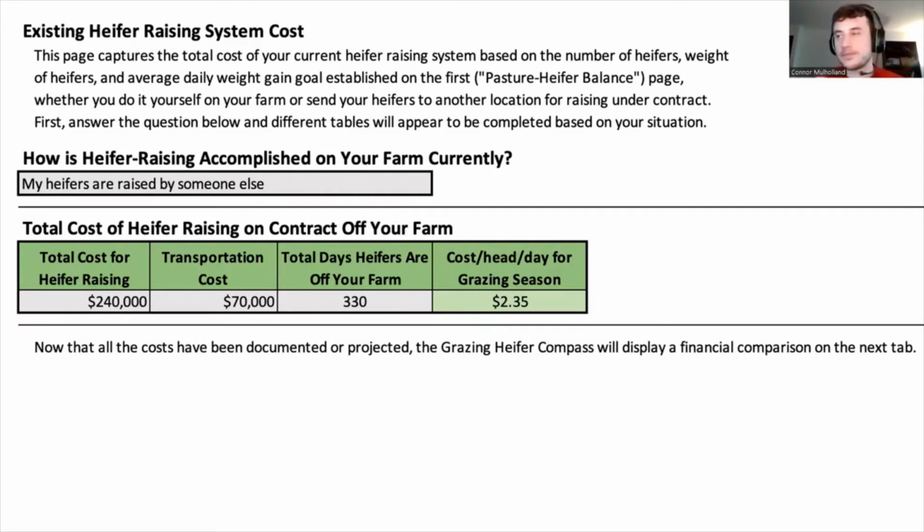Then you would go through your feeding plan, and then labor, and then operating expense, very similar to the last sheet, because a lot of farmers actually don't know exactly how much time and how much money and how much feed they spend towards their heifers. So we had to make that number up for them so we can compare. But in this case, it's very easy. They used to just have their heifers raised by somebody else. So you put in your total cost for raising, any kind of transportation costs, so basically your contract.